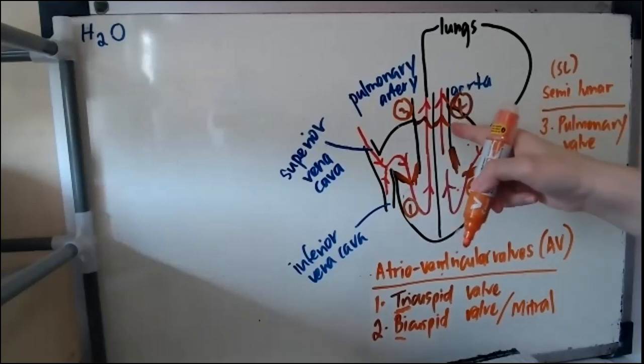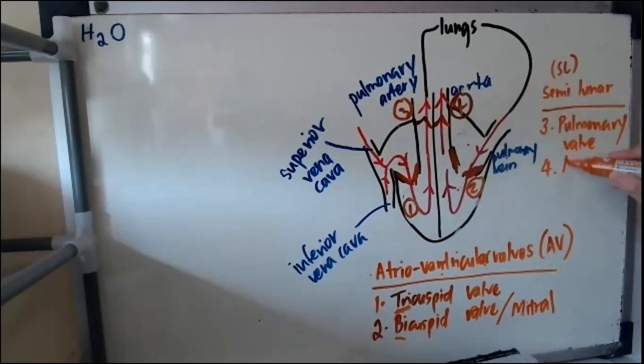Valve number 4 is found in the aorta, so we call it the aortic valve. So these are the 4 valves that you need to memorize.